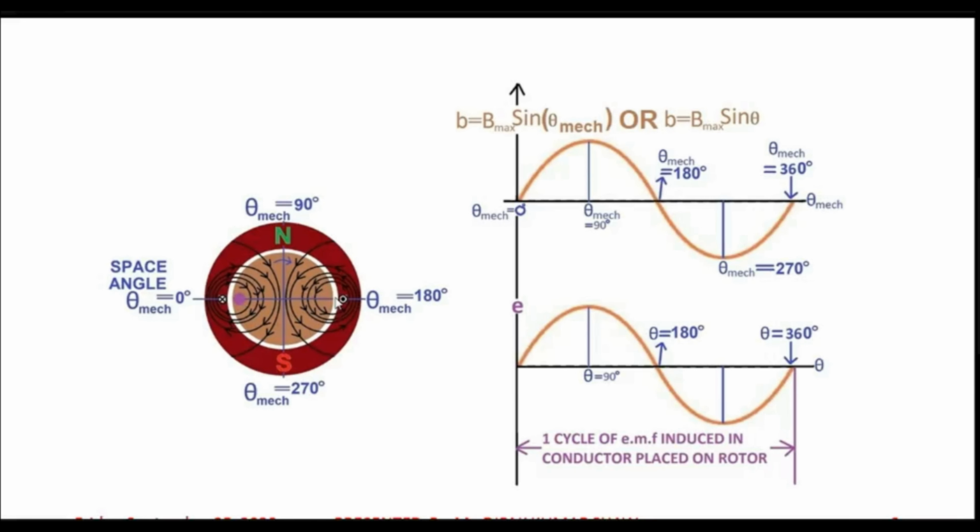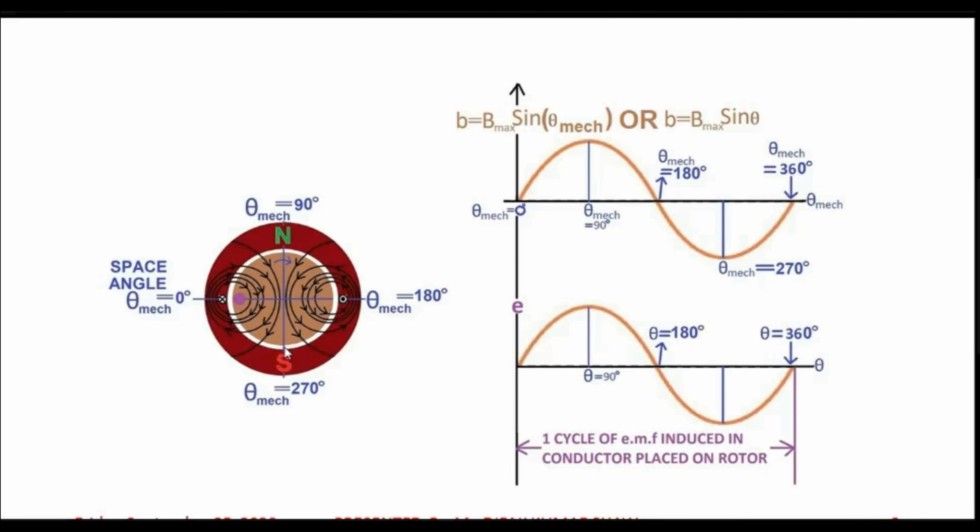Let us focus our attention on that coil side which is placed on the stator core, and it is carrying dot current. If you choose a point in front of that coil side, you find that at this particular point magnetic lines of flux are not present. So this is the point where magnetic flux density would be zero. Likewise, if you come to theta mechanical equals 270 degree, you will find that most of the lines of flux are passing by or crossing this point in the air gap periphery, which is at theta mechanical equals 270 degree.